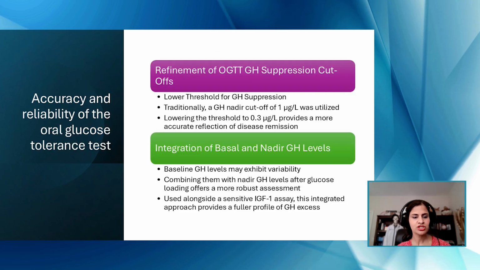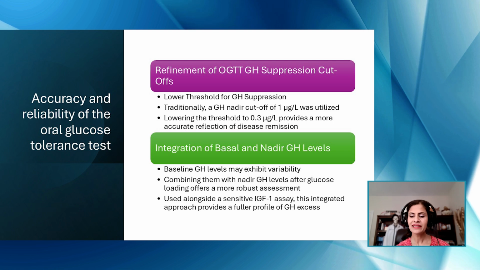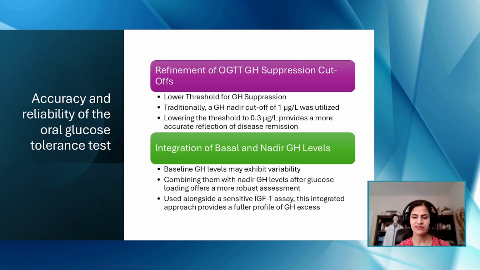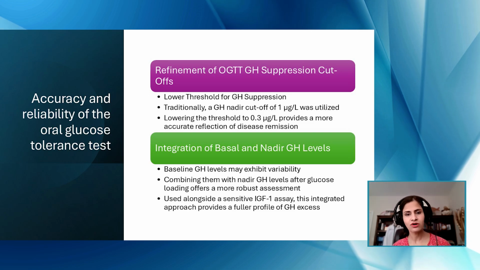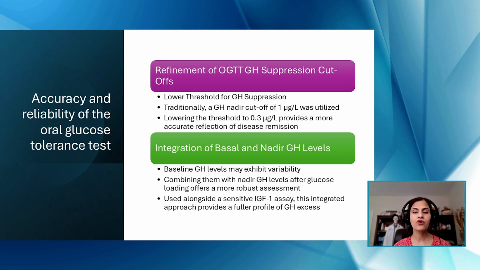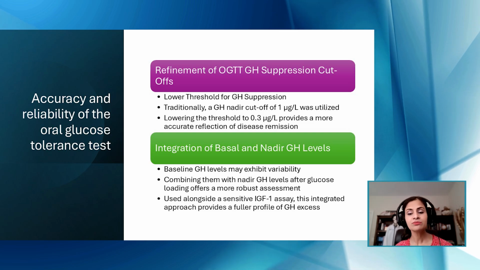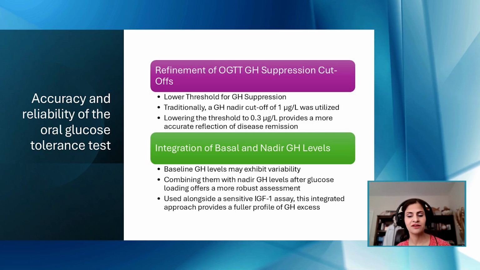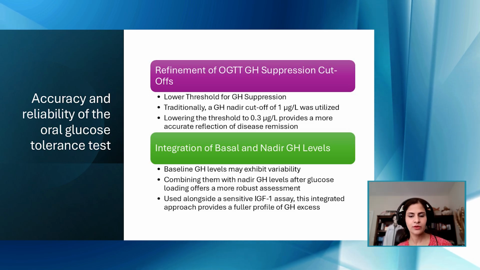Next slide. So I did mention that we were going to come back to the OGTT. And although there are limitations to the OGTT, as I've mentioned, refinement of OGTT growth hormone suppression cutoffs, such as lowering growth hormone nadir to 0.3 microgram per liter, does provide a more accurate reflection of disease remission, specifically in cases where the IGF-1 is equivocal.